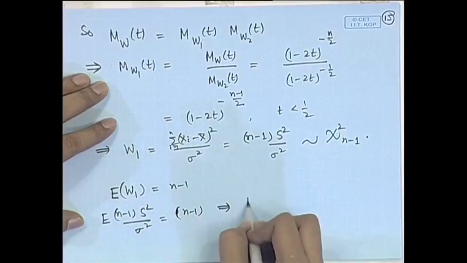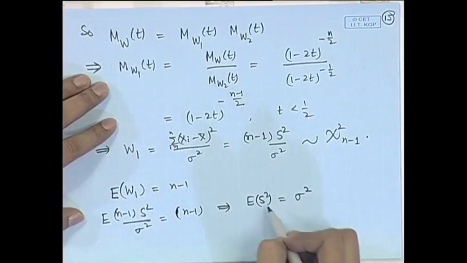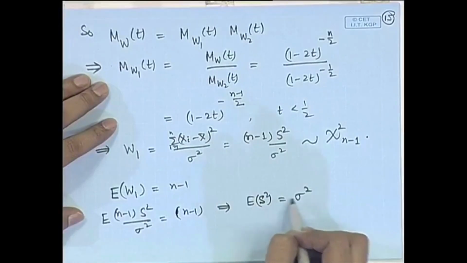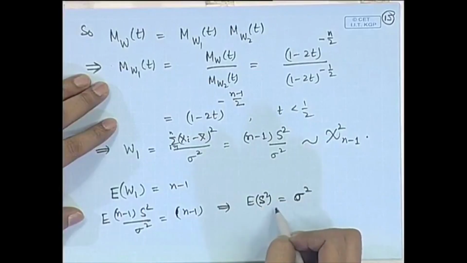So, this means the expectation of s square is equal to sigma square. So, on the average, s square, that is sigma (x i minus x bar) whole square divided by n minus 1, is unbiased for sigma square, not divided by n. And that is why in particular we consider the sample variance with divisor 1 by n minus 1, not 1 by n, because this is an unbiased estimator for sigma square.